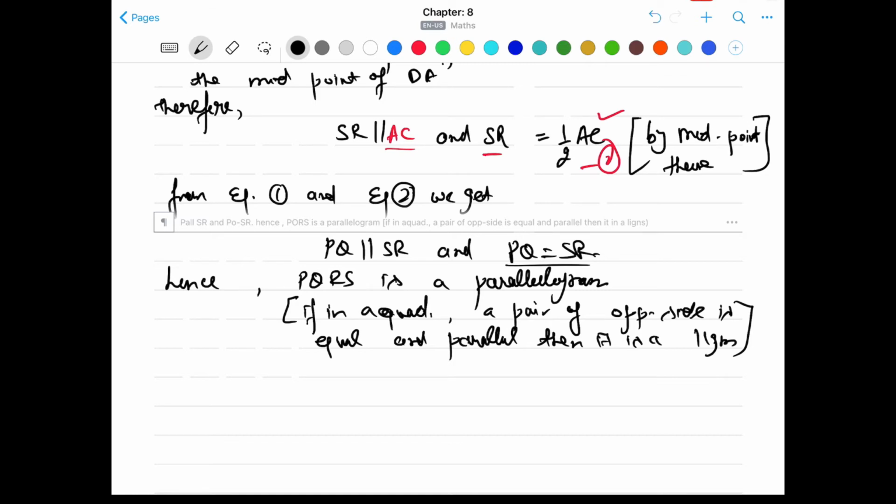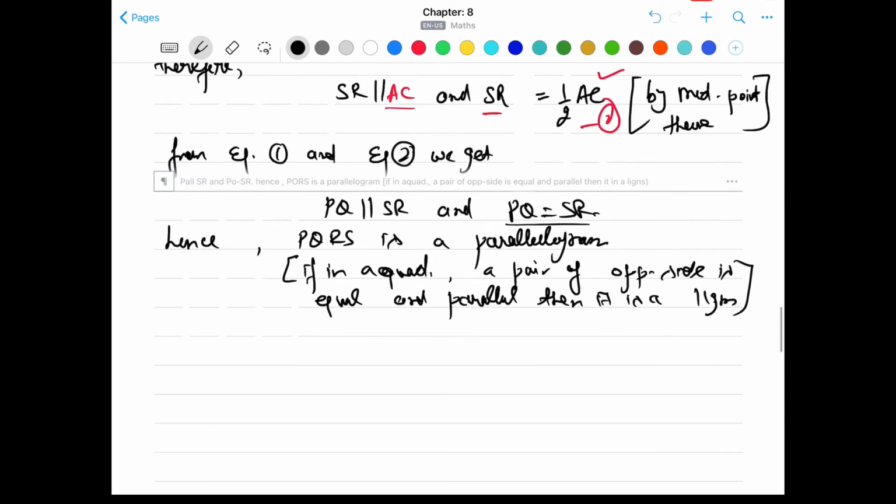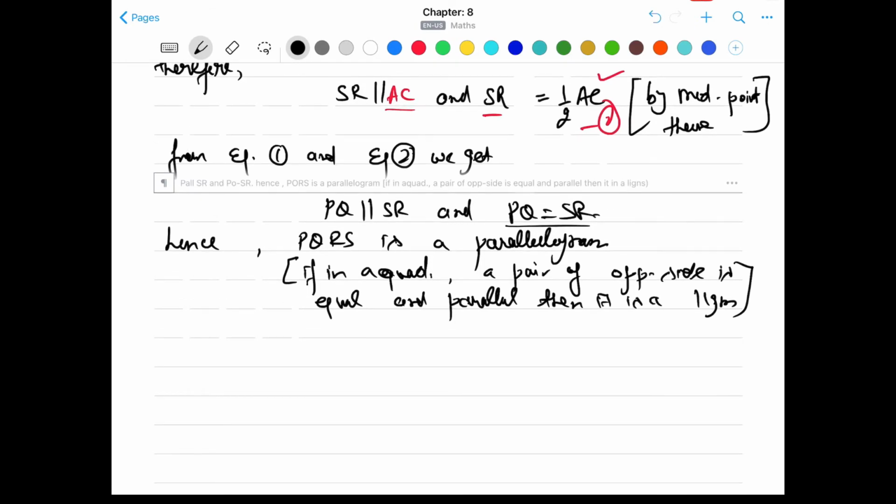That's a theorem, I think theorem 8.8, which says if one pair of opposite sides of a quadrilateral is equal and parallel, it will be a parallelogram. So what we got here is that PQRS is a parallelogram.